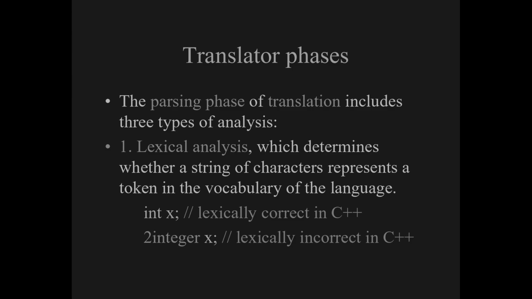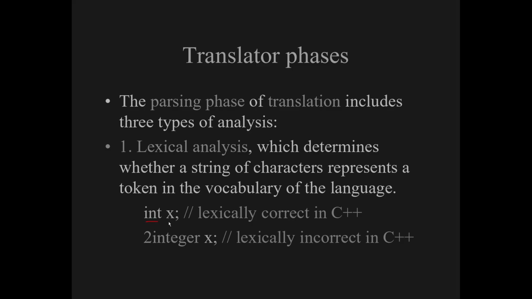Now, the translation of a program has three phases. First one is lexical analysis, which traditionally has to do with regular languages and regular expressions, and it determines whether a string of characters represents a token or a single kind of unit in the vocabulary of the language. For example, there are three tokens, or rather lexemes here.